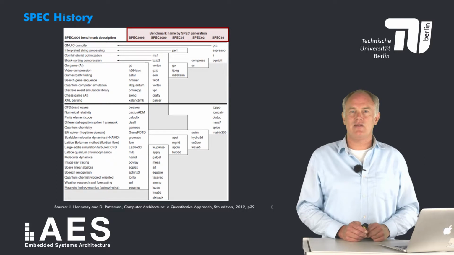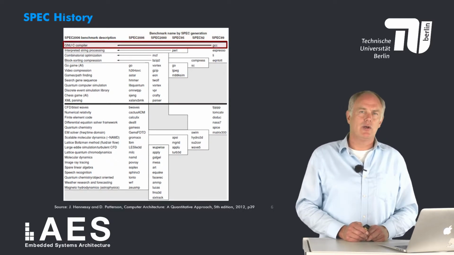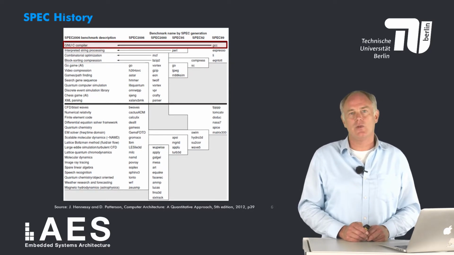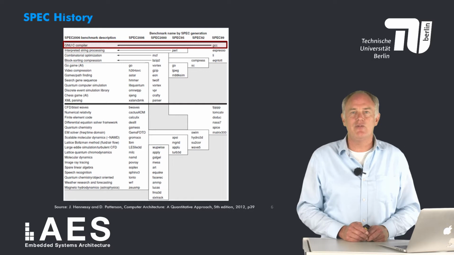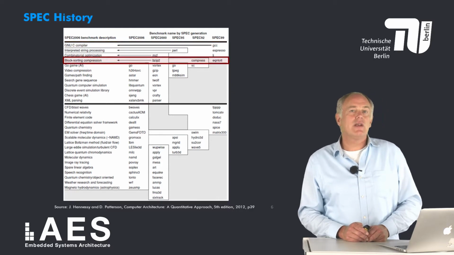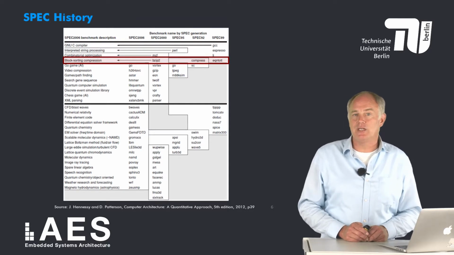The second interesting fact in this table is that there is one application, the GNU C compiler, or the GNU compiler collection as it is called nowadays, which has been in every SPEC generation. All other applications from the first generation have been replaced. Third, many SPEC generations included a benchmark performing compression.